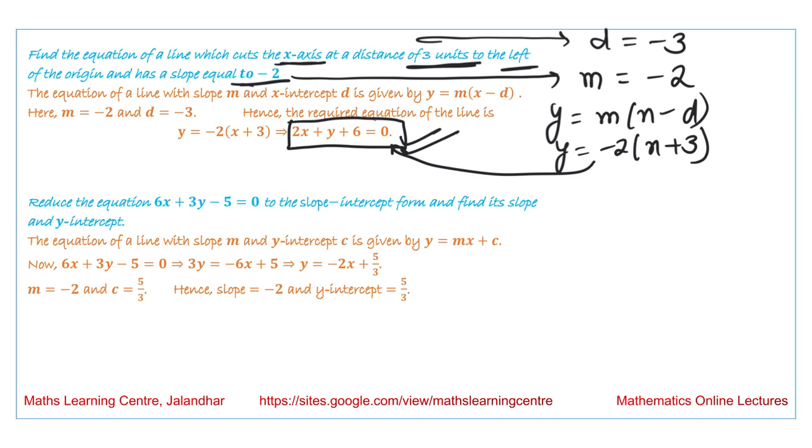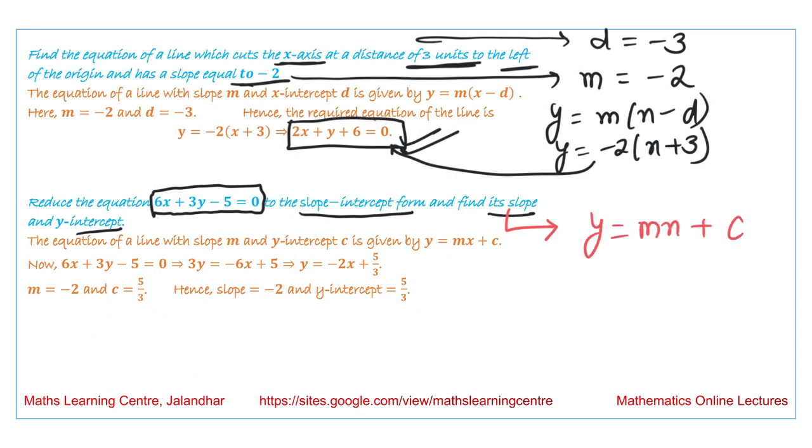Next is reduce the equation 6x plus 3y minus 5 is equal to 0 to the slope intercept form and find its slope and the y-intercept. Now we know that the standard equation in the slope intercept form is y is equal to mx plus c. We want to write this equation in this form. We write 3y is equal to minus 6x plus 5.